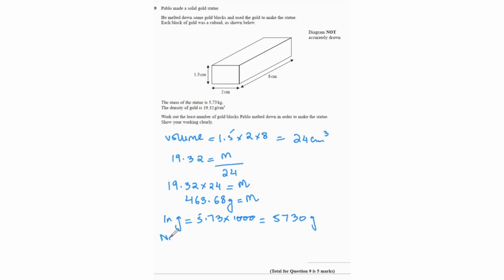For the number of gold blocks, we will divide the weight of the statue by that of the block. That's 12.36. Least number, so that's going to be 12. That is the least number of gold blocks Pablo melted down in order to make the statue.